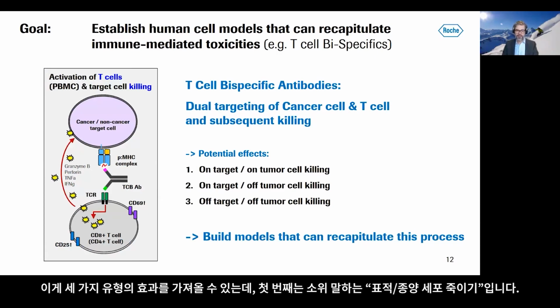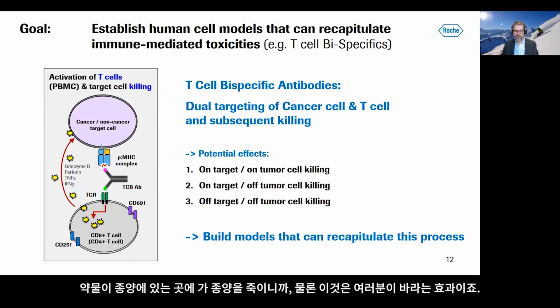And this can have three types of effects. The first one being you have a so-called on-target, on-tumor cell killing. So this is, of course, the desired effect. You would like your drug to go to the tumor and kill the tumor.